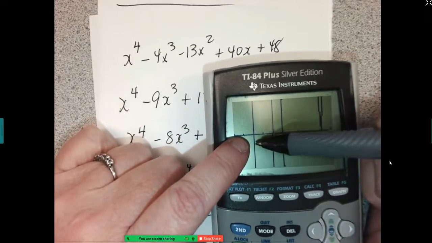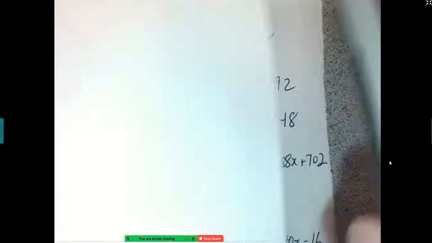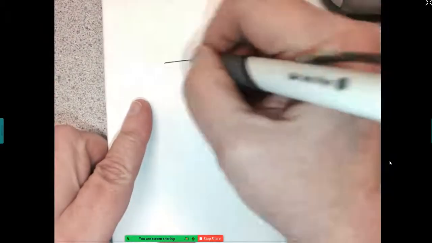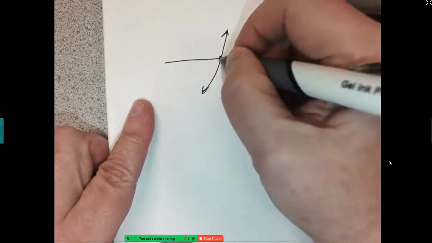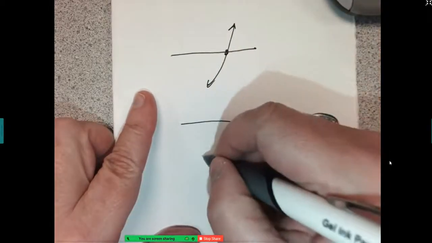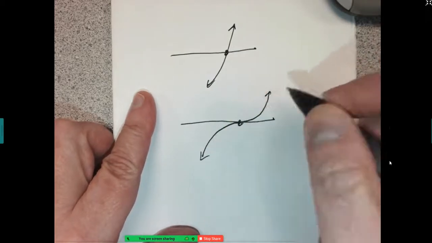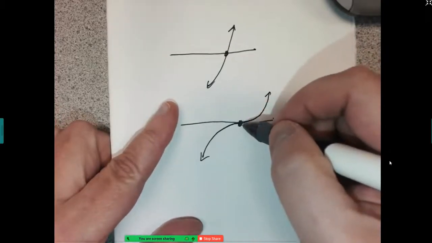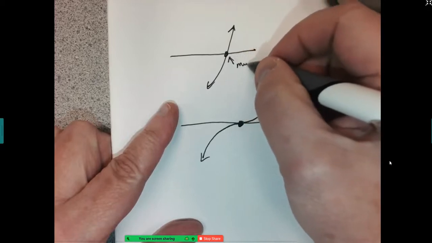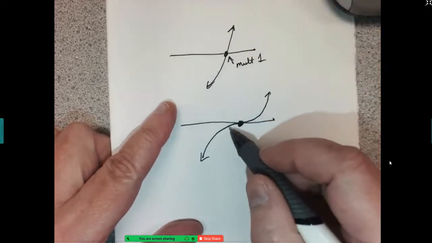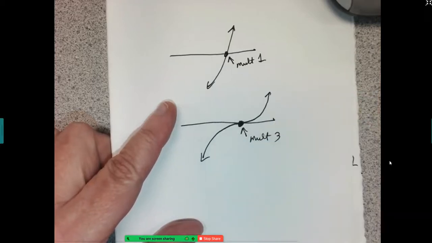It crosses through, and I would say it has multiplicity 1, because the higher the multiplicity gets, the more flattened you'll find it gets. Both of these have odd multiplicity, but this one has multiplicity 1, whereas this one is more flattened, so I would say that has multiplicity 3.